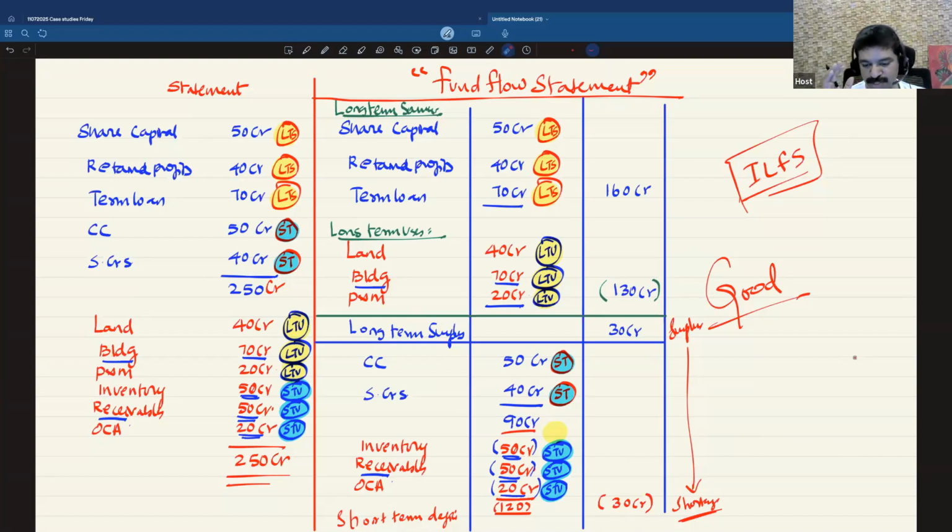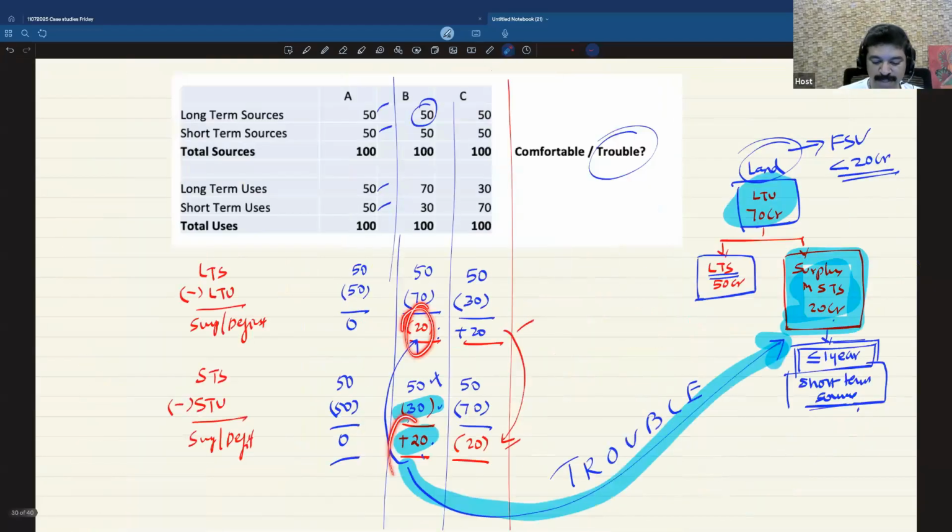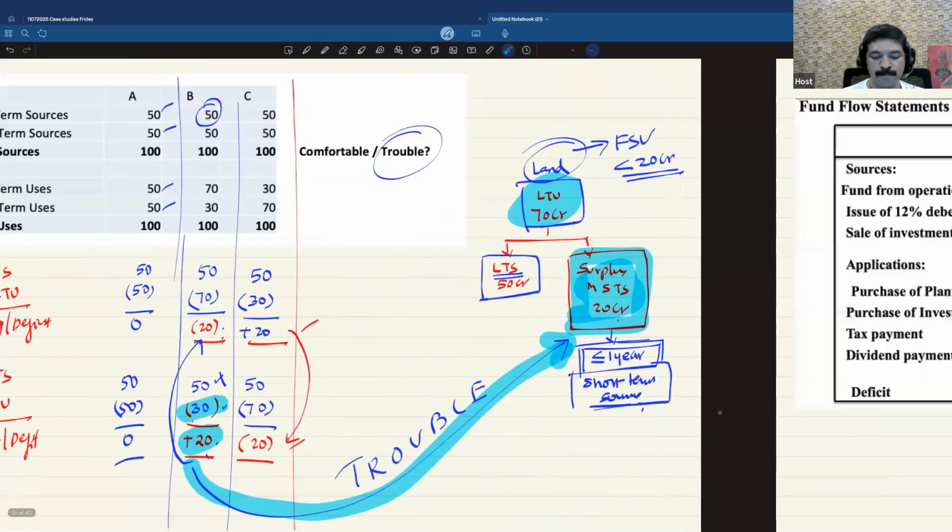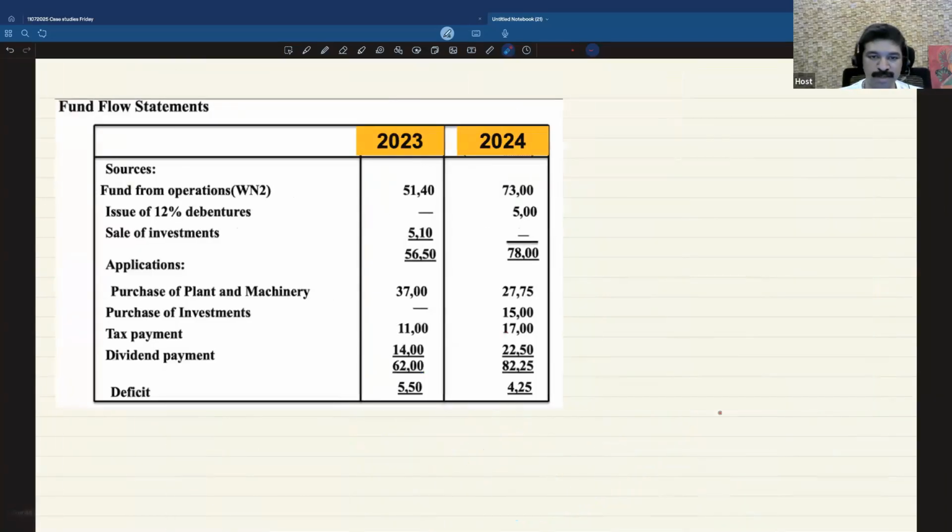Now just tell me, are you able to really understand the use of fund flow analysis? This analysis helped us decide whether this business is in trouble, and whether any credit facilities can be given to this company or not. Got it? Now, let me take you through this case, a very standard case.